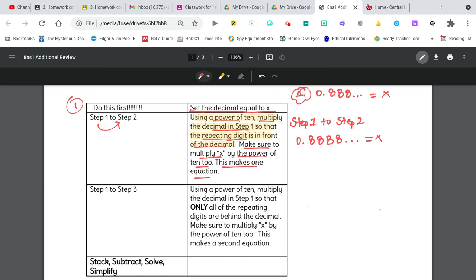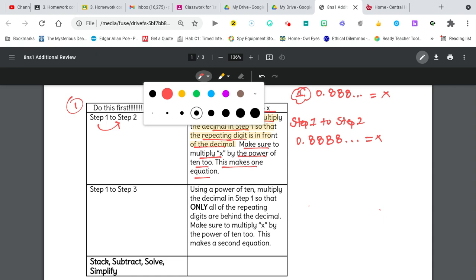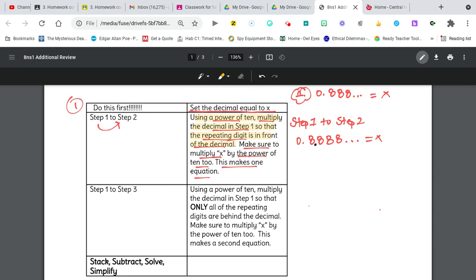But what I want to do is multiply that by a power of 10 so that the repeating part is in front. So I'm going to ask you, what digit is repeating? Well, everybody should see that 8 is repeating. So I just need to get an 8 in front of the decimal. In other words, I need to move my decimal right here, guys. To move my decimal from here to here, I just need to multiply that by 10, right?